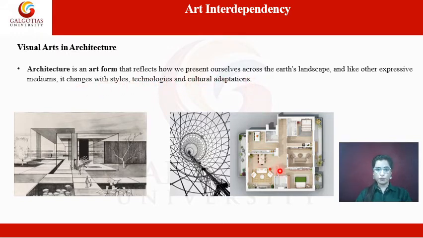For example, in this first image you can see the presentation method of the exterior of a building, and in this image you can see the interior of a house, how we represent the interior design of a house or a building, or any type of structure. So these are the methods of representation of the architectural drawings.